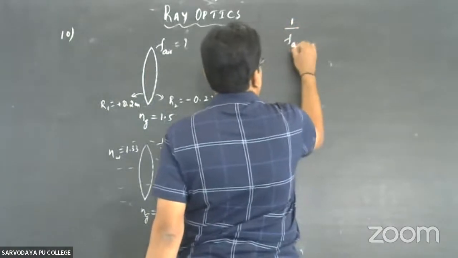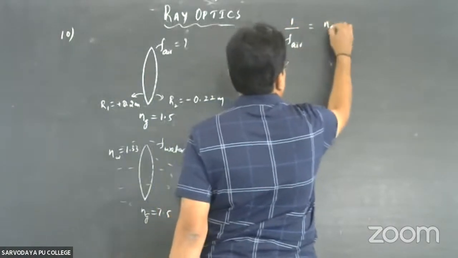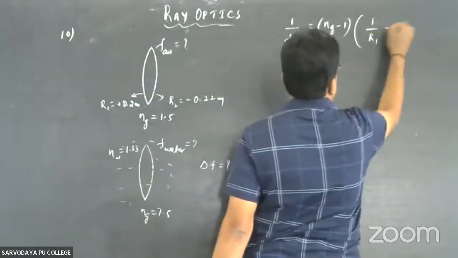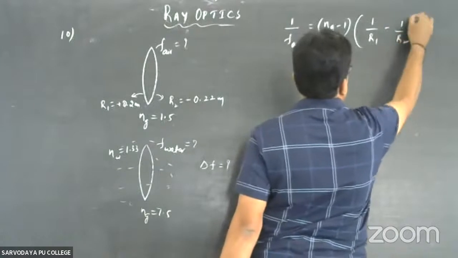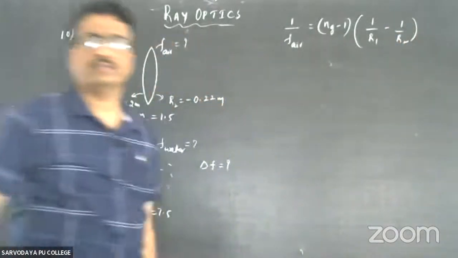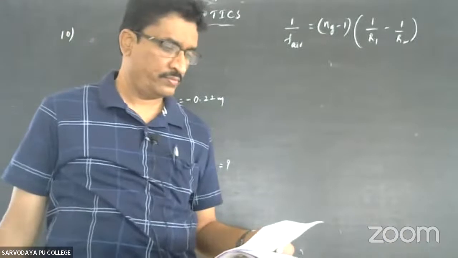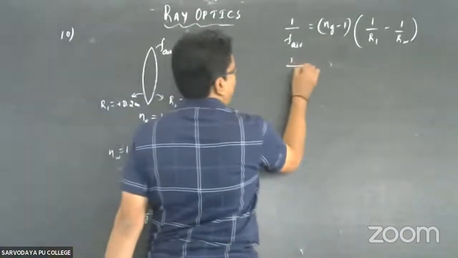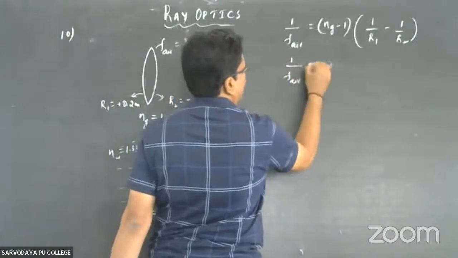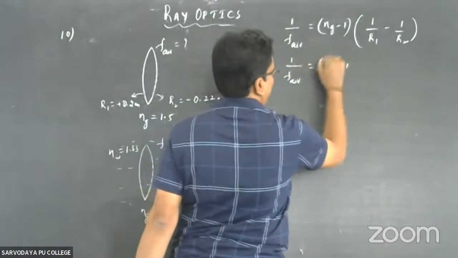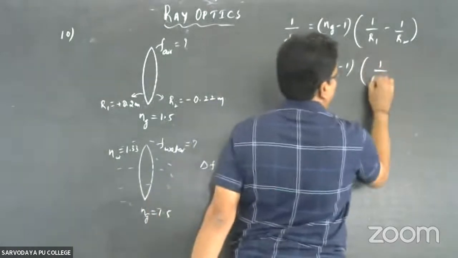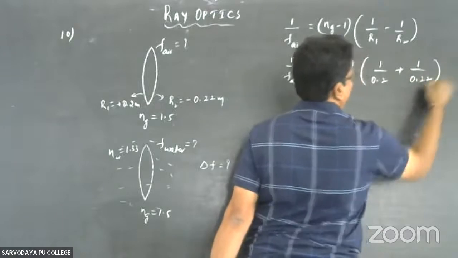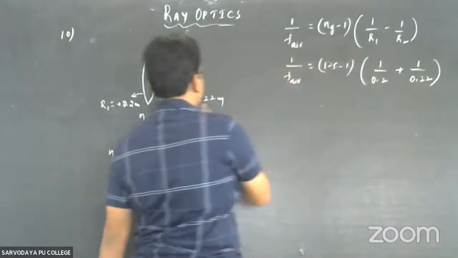we know the lens maker's formula, but for air it is Ng minus 1 into 1 over R1 minus 1 over R2. Now, 1 by F in air is equal to 1.5 minus 1 into 1 by 0.2 plus 1 by 0.22, since it is minus of minus 0.22.